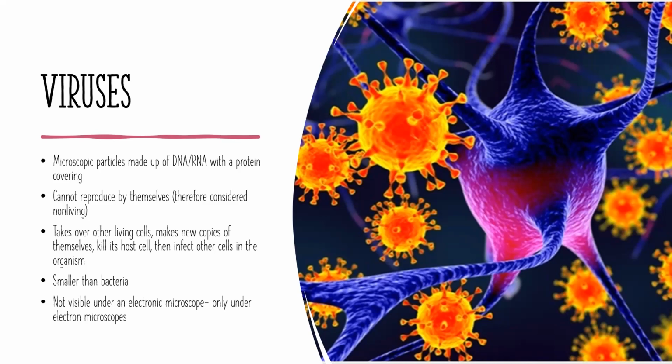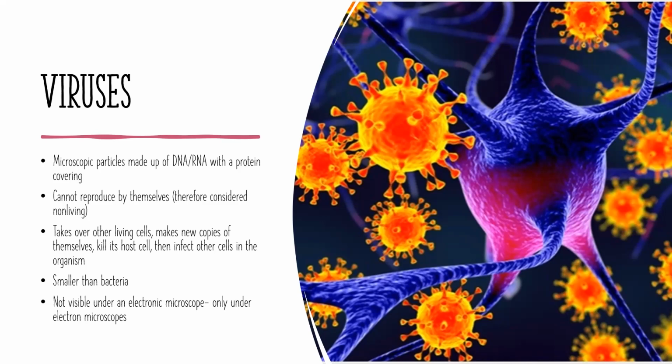Since they are made up of deoxyribonucleic acid or RNA, the ribonucleic acid, and are surrounded by a protective coating of protein, viruses are partially living organisms, but they cannot reproduce by themselves. So we consider them as non-living. They do perform other life processes, but they do not reproduce. Therefore, we do not consider them as living organisms. So they cannot reproduce by themselves.